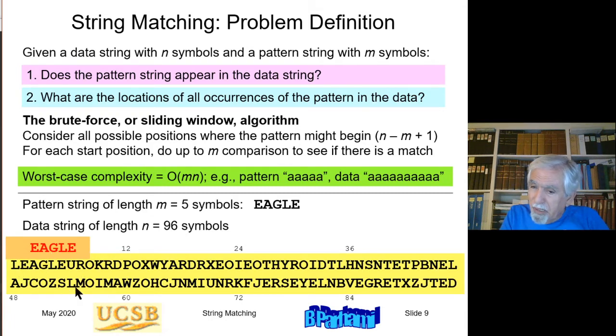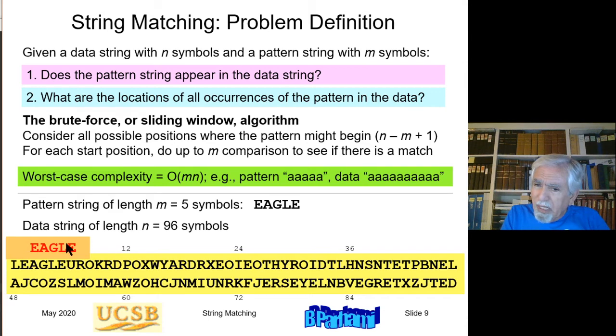Now, the data string can be huge. Imagine that the data string is all the contents of the World Wide Web. So all the documents in the World Wide Web with their letters. Of course, documents also have images and formulas, so it's not as simple as this, but imagine that all the documents just have words and letters. String all of them together and you form this huge string that represents the entire content of the web.